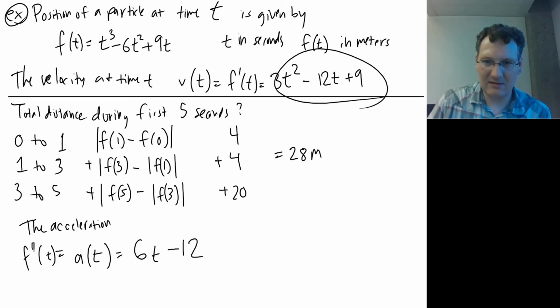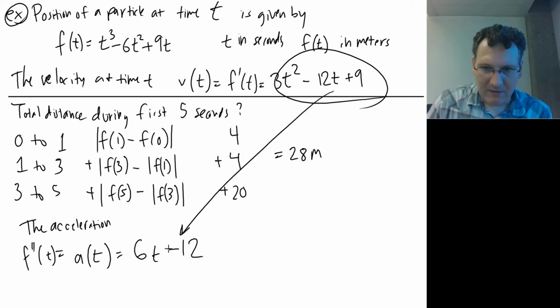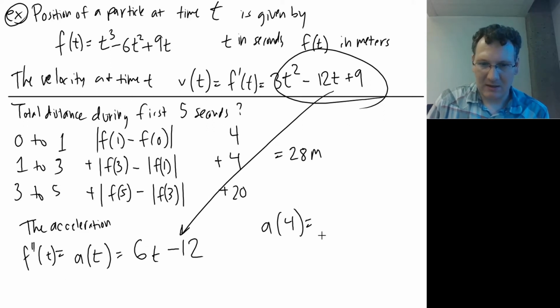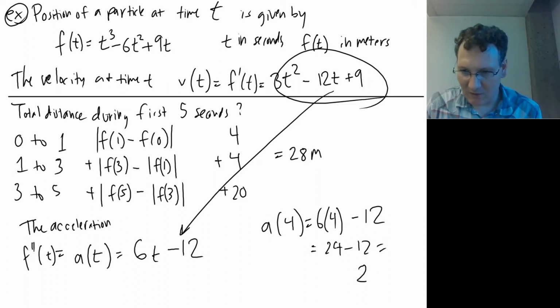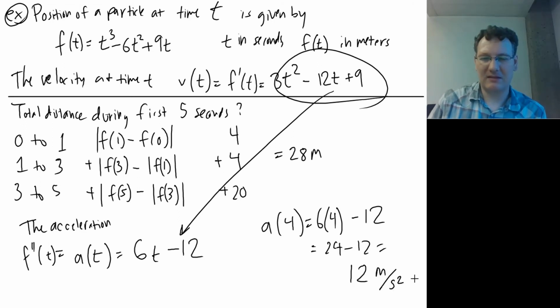That's the derivative of the velocity. And so, for example, the acceleration at time 4 is going to be 6 times 4 minus 12. So this is 24 minus 12. That's 12 meters per second squared. That's how fast this is accelerating at 4 seconds.